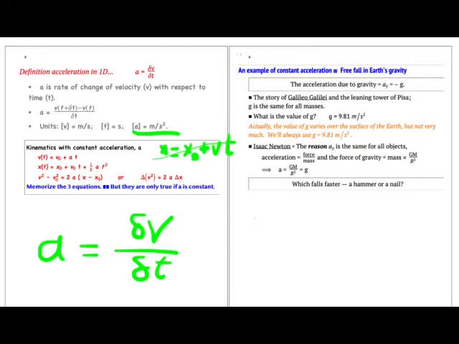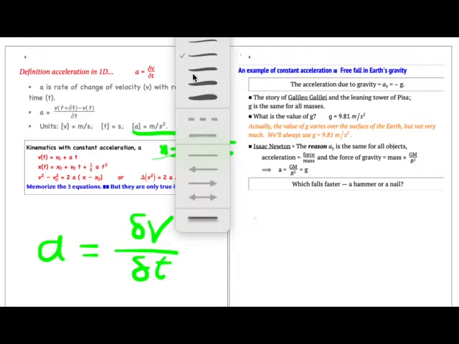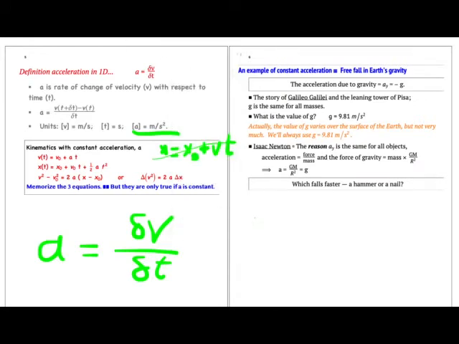The point is, when you have constant rate of change, then the quantity just increases as the rate of change times the time. Well, in this case, we have a constant rate of change of velocity.